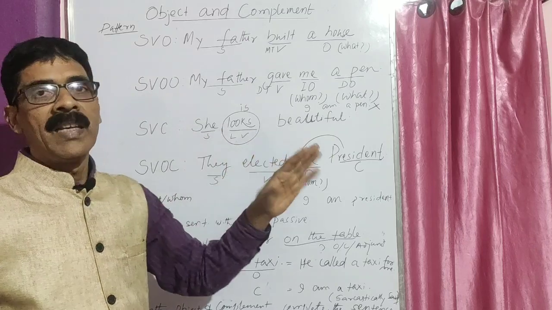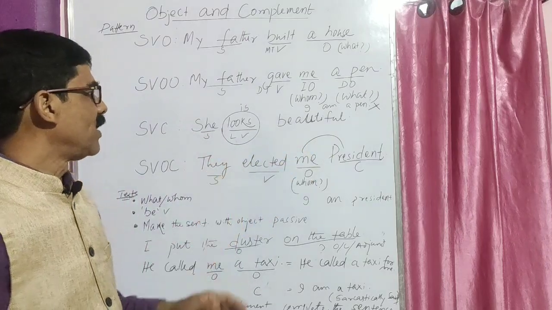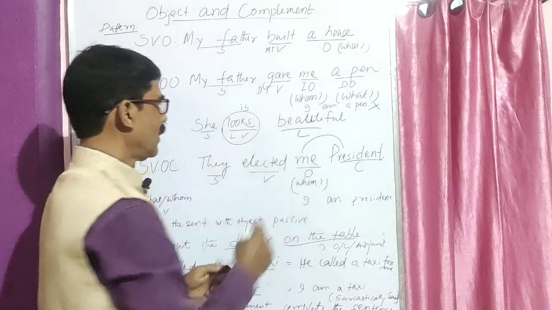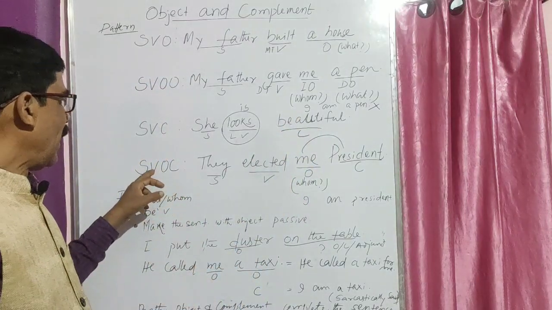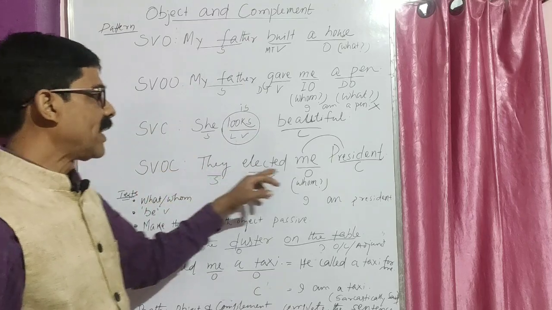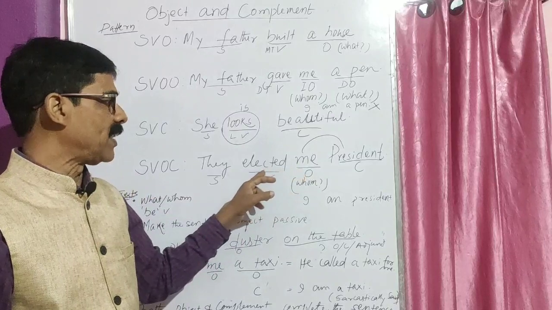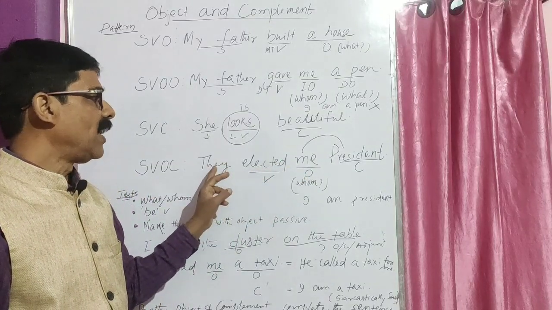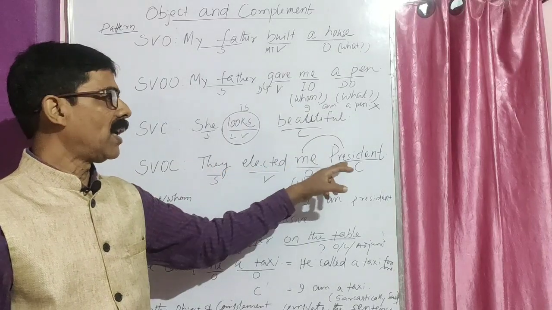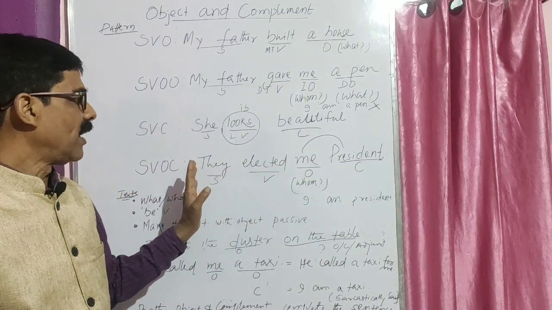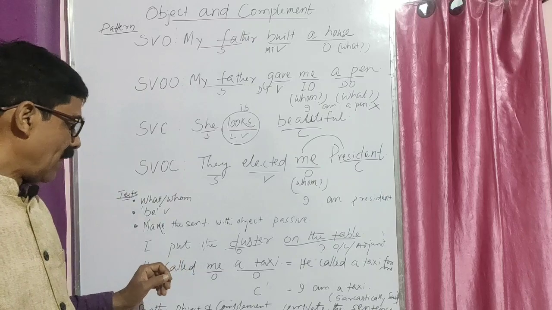She looks beautiful. It cannot be passivized. Now you see SVOC. They elected me president. We can take the help of this object and make it passive. I was elected president. But with the help of this president, you cannot make a passive sentence.